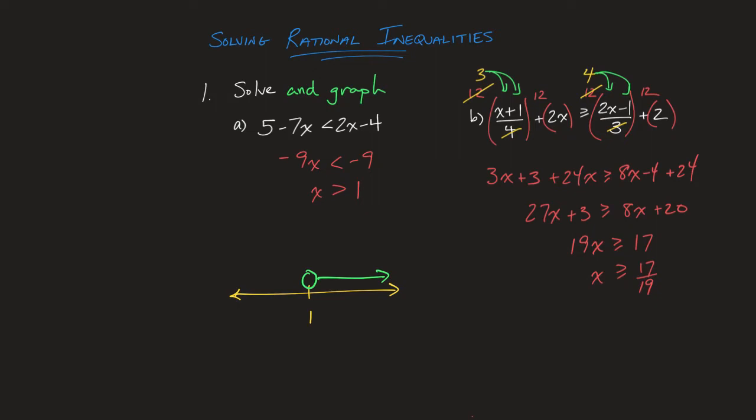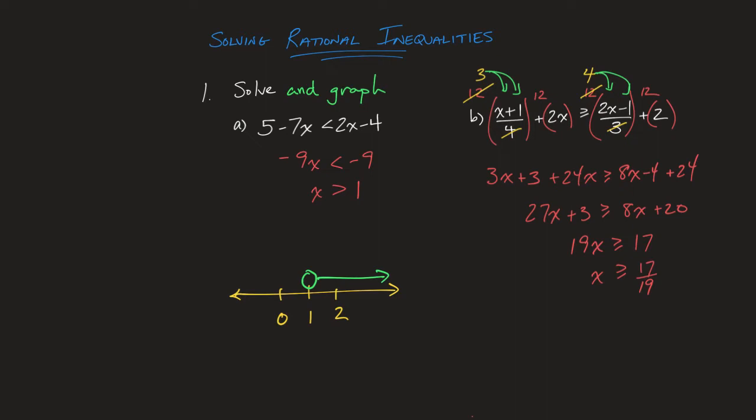Now, what we also do on our grid is we also put down the integer that falls on both sides of my key value. And so you can now see that the green is my solution on my number line. I keep that open circle because it doesn't include 1. It's just greater than 1. So everything up to 1, but not including 1.